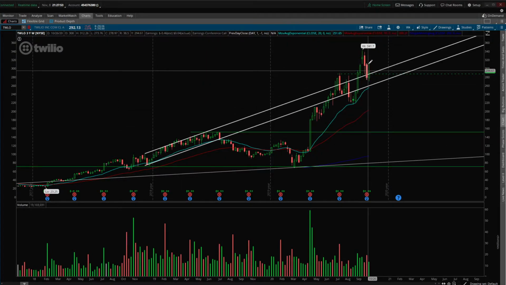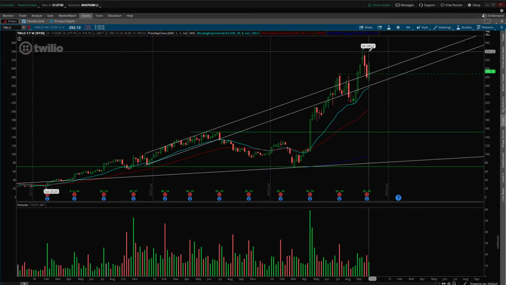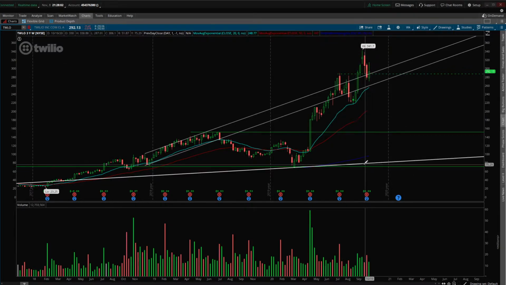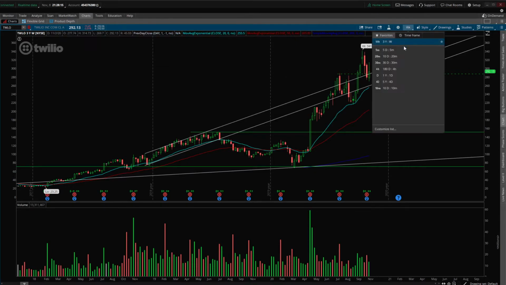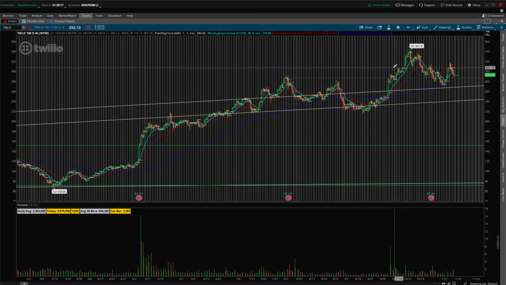To see it get back into it is a very bullish sign, but you're still looking at this thing at 341 when the bottom trend line here is at $75, and you're thinking that's pretty far extended off of the trend. Let's just go back in and look at the 1-year chart, though.